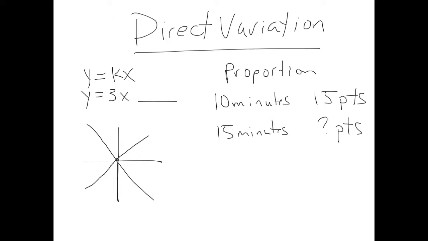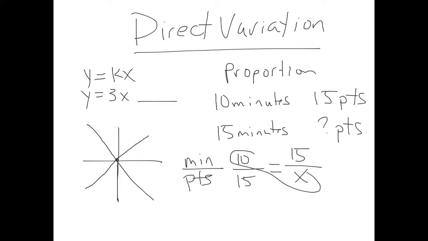This is a proportion. So you would set up, we like to set it up in words first, minutes over points. So 10 minutes is 15 points equals 15 minutes over blank points.